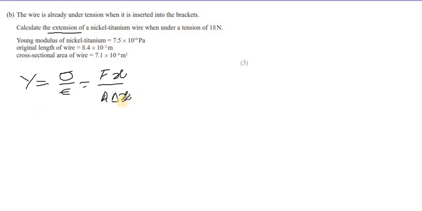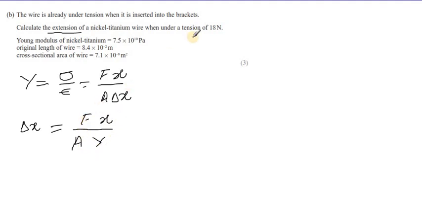So you can rearrange to make delta x the subject. So delta x, that means extension, is equal to Fx divided by A times Y, which is the Young modulus. You can see in this formula everything is given.